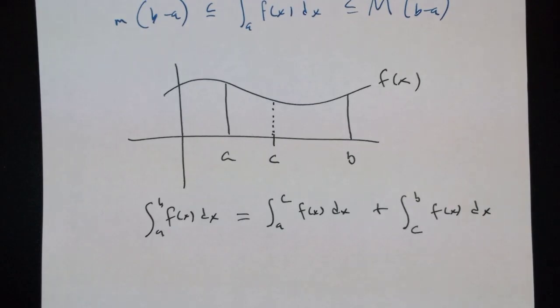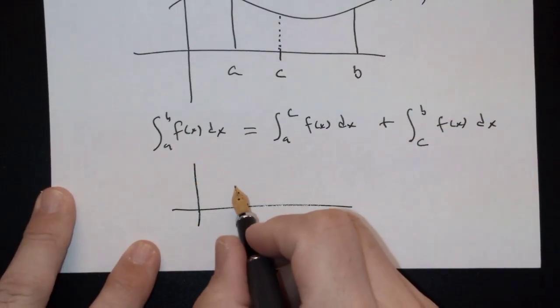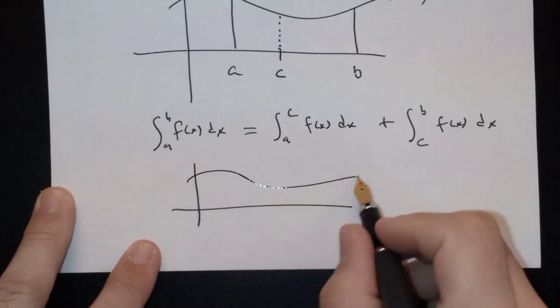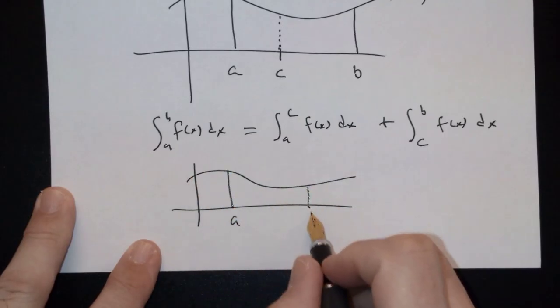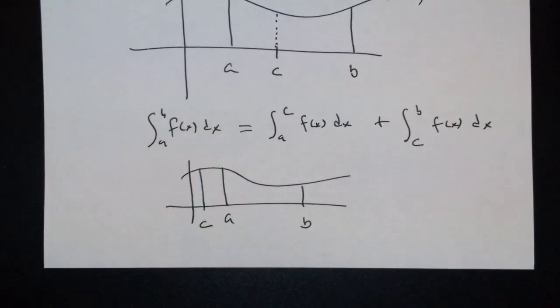What happens if I put C to the left of A? Nothing changes. Why? Look at this one. The integral from C to B starts all the way over here on the left and goes to the right.